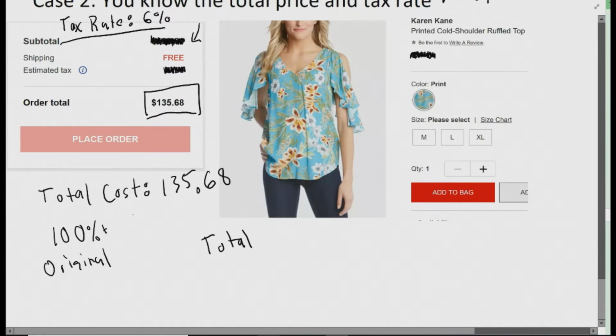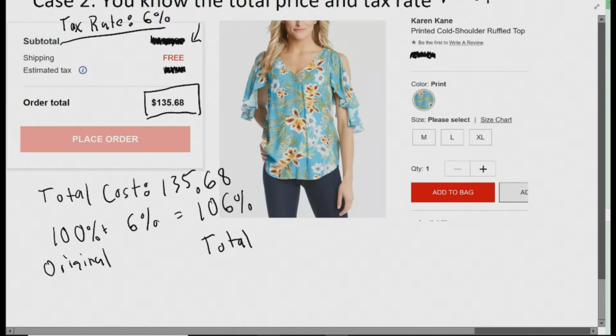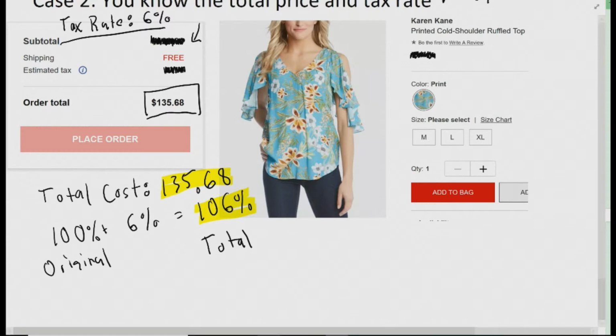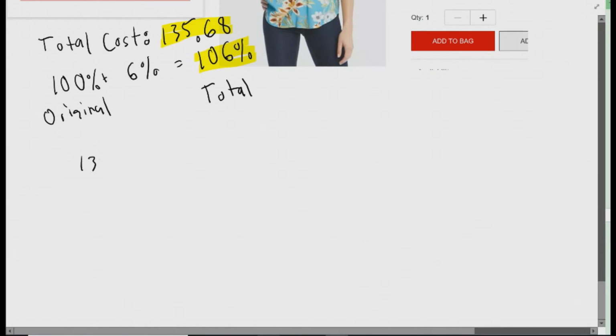So 100 plus 6% will give us our total percent, 106%. Now we have a slightly different situation, but it's very similar. 106 is your total percent, and your total cost is 135.68. This allows us to set up a proportion: $135.68 is equal to 106%.